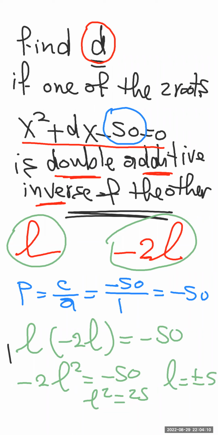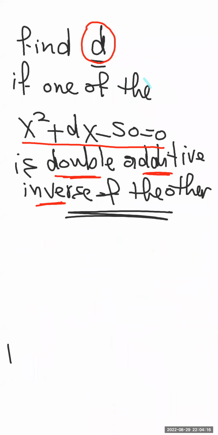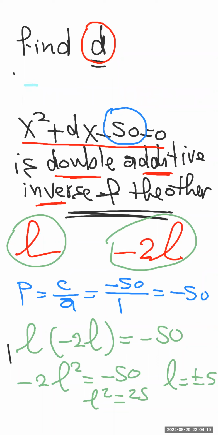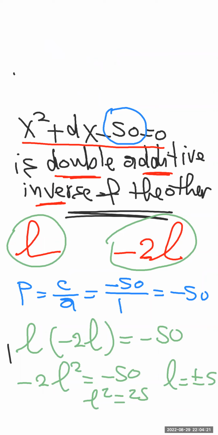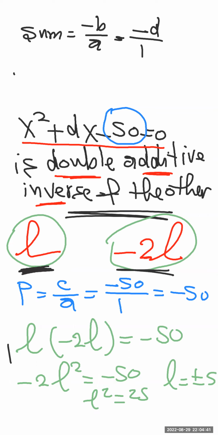Now I can get the sum of the two roots. I'm going to clear this part on the top. What will be the sum of the two roots? The sum equals negative b over a, which means it will equal negative d over 1. Now, what will be the sum of the two roots, L and negative 2L?